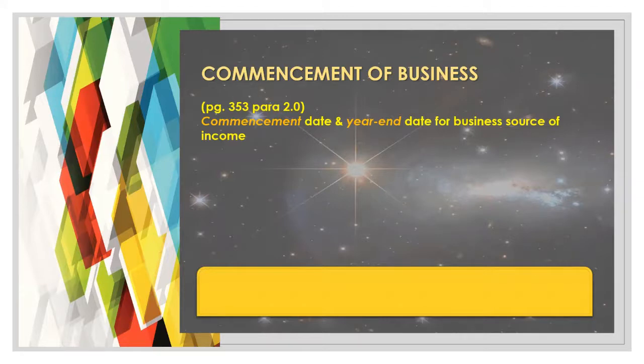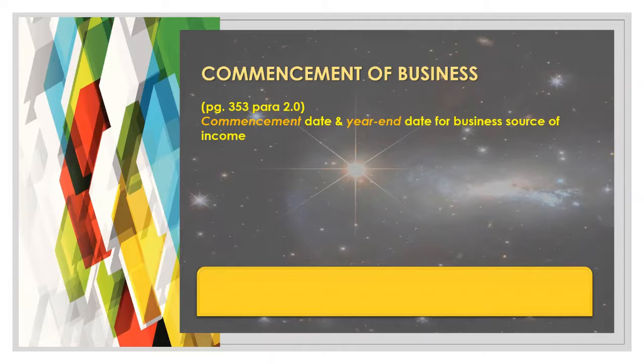And then the next thing is, what is your year-end date? You have to know when you want to close your account. Your year-end date is when you want to close your account. It can be that you commence your business in 2020 and your first year end is also in 2020.